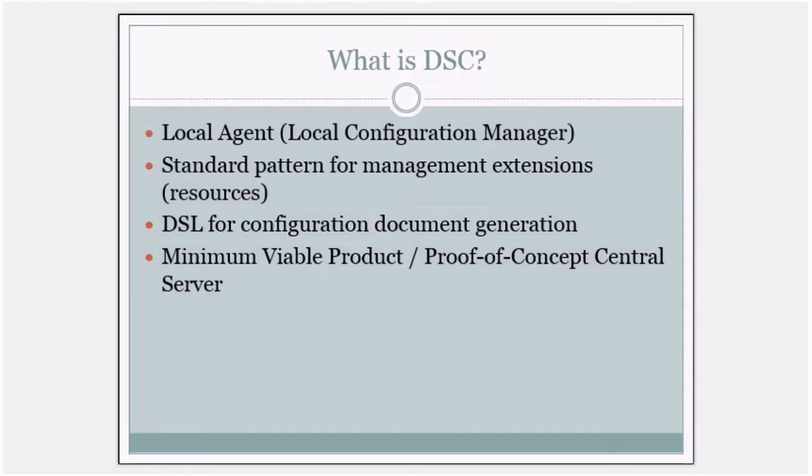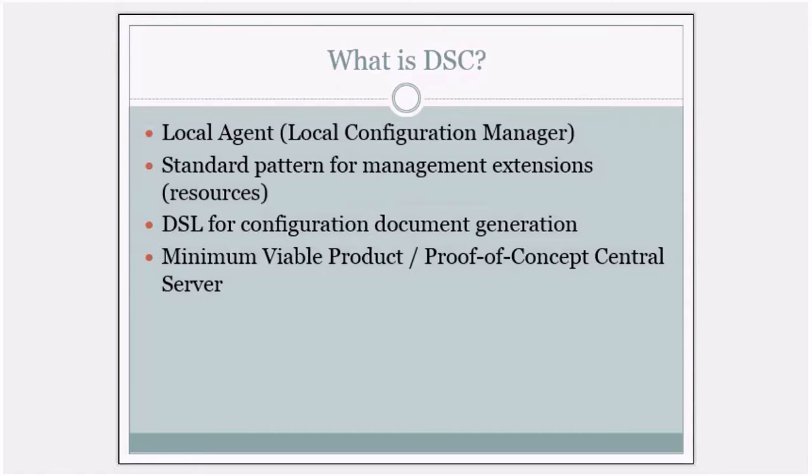So first of all, I'm just going to introduce what desired state configuration is. I know some of the people in the chat room or in the call here have definitely started playing around with this and are familiar with it, but just to get everyone on a basic level of understanding, what makes up desired state configuration as the Windows feature, or as the thing that's shipping from Microsoft right now?